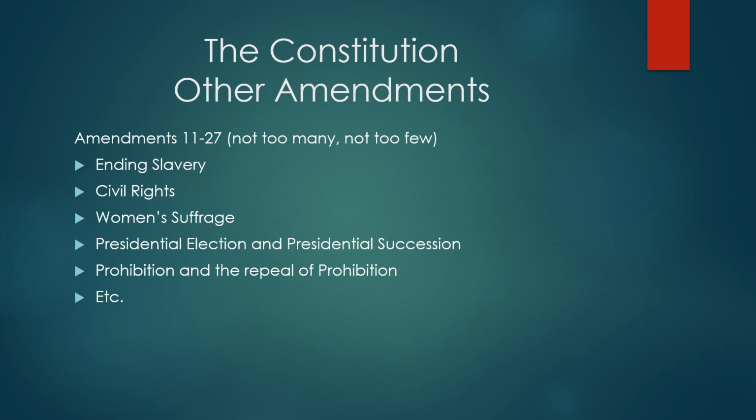In the 20th century we prohibited the sale of alcohol, and then a few years later repealed that particular amendment. But all in all, the 17 amendments to the Constitution were necessary and helpful in the development of our country, and I think they point to a kind of success in the process that the founding fathers created for amending our Constitution.